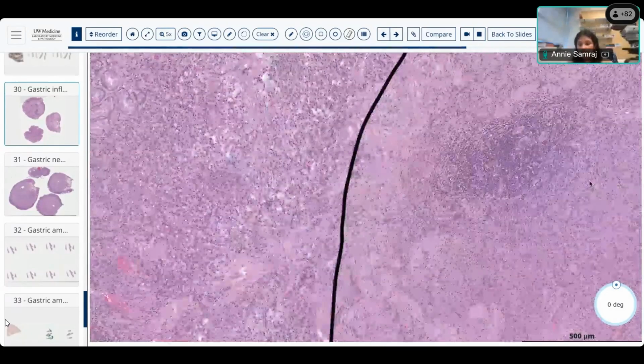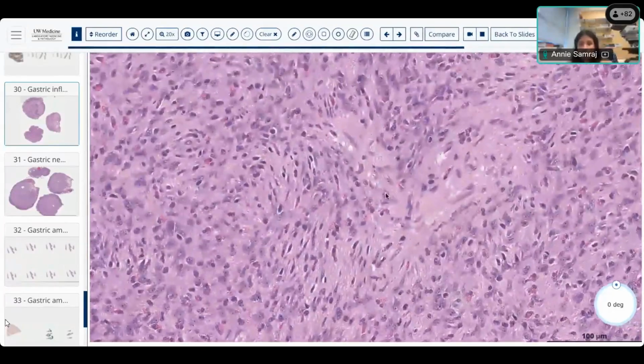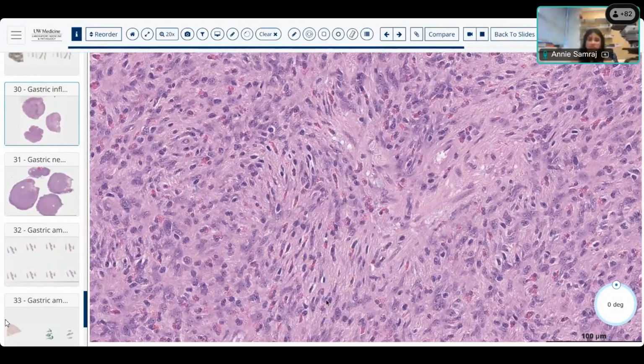Let's take a look at this. How would you describe these cells? They look like epithelioid to spindle cells. Okay, yes, so there are spindle cells. And what other cells do you see here? Eosinophils.